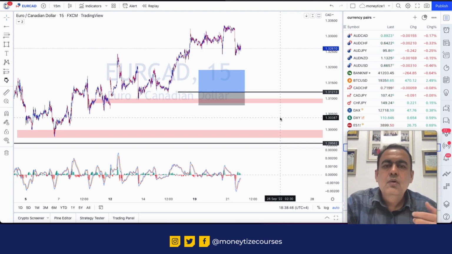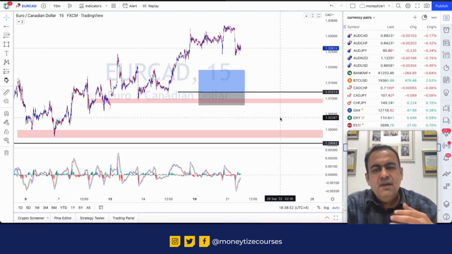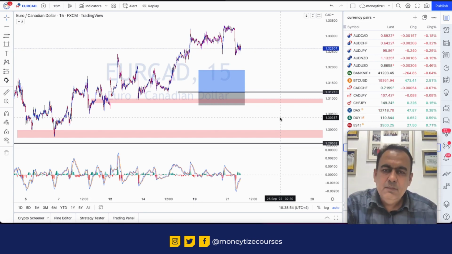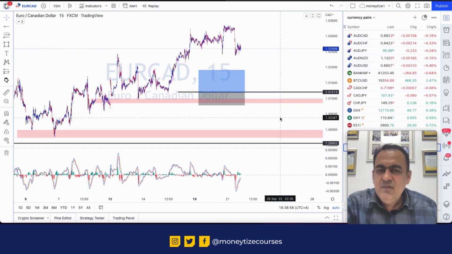You won't be able to grow your account. So you have to be consistently profitable, back to back. If you maintain an average of around 15 to 20% returns on a monthly basis, trust me, in a span of 5 to 6 months or maybe 7 months, you'll be doubling your capital.